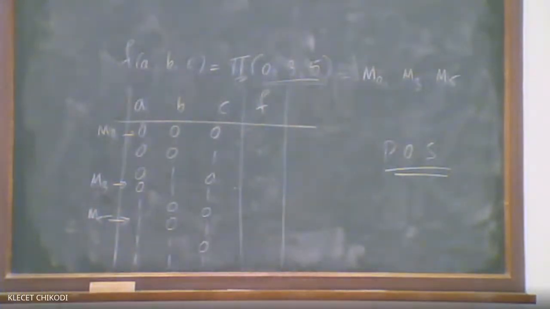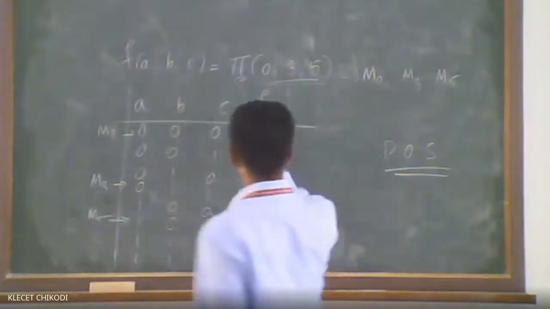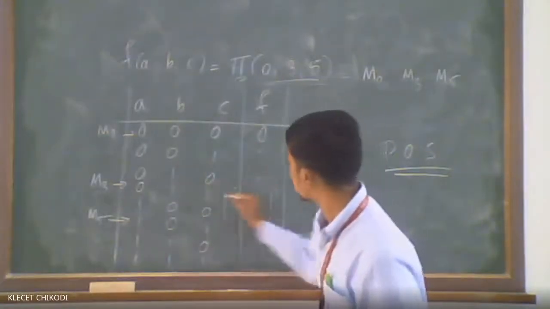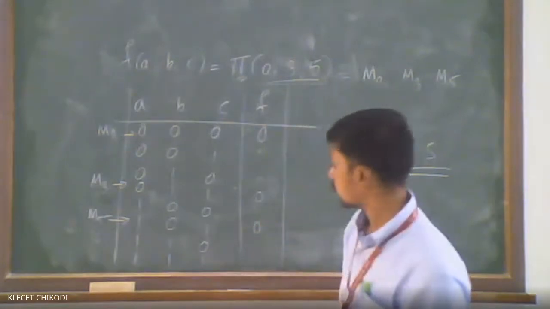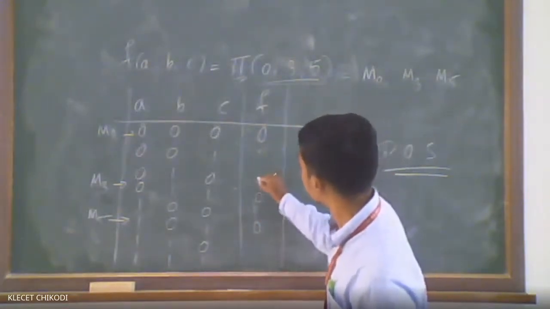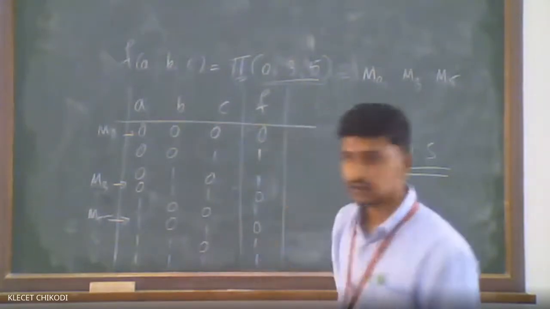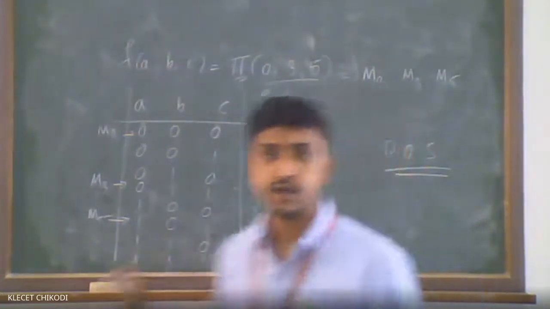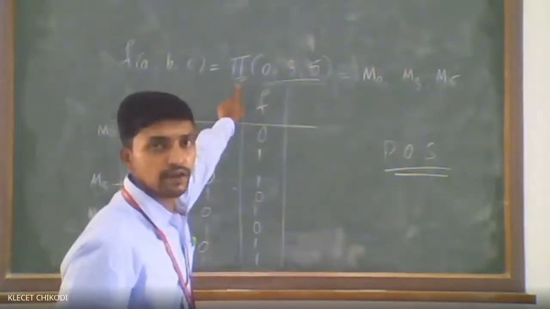Fine. Now you have to make only these function values zeros, because we are considering the POS. So write straight away the zeros here for these M0, M3 and M5, and remaining you have to write down the ones. Fine. So this is how we have written the truth table for the following canonical form.